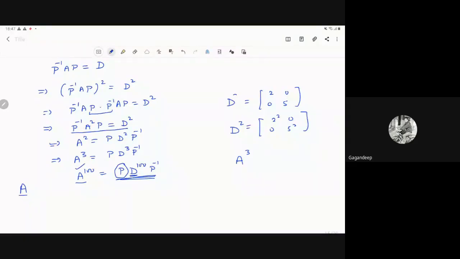D carries exactly the eigenvalues of A at the diagonal places, if you use P as the matrix obtained from the eigenvectors of A. Correct? So you know P, you know D. Doing this calculation is very easy because finding D power 100 is very easy. You just have to raise the powers, and after that multiply these matrices.